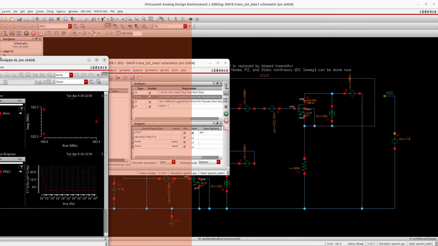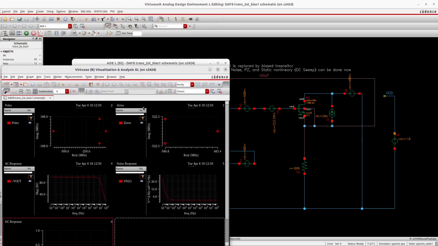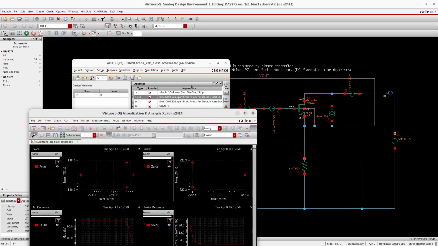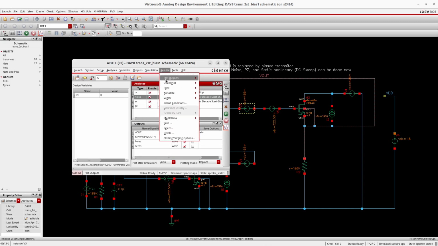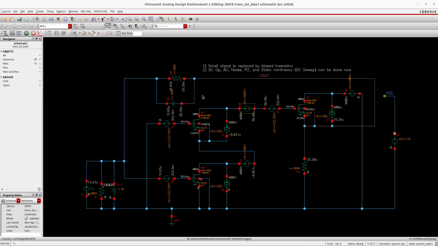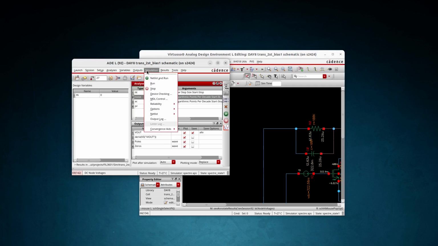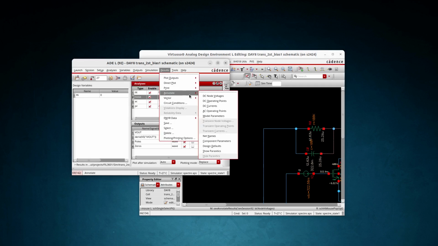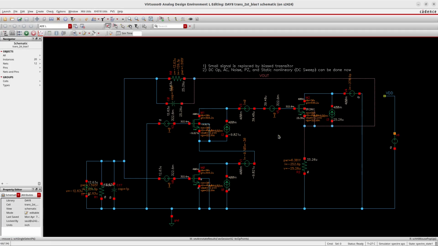So we need to check the DC operating points. So let's check. We check the voltages and outputs, the DC operating points, and then we see that the transistors are consuming, they are exactly the same transistors, but at the same currents to make this a little bit simpler.